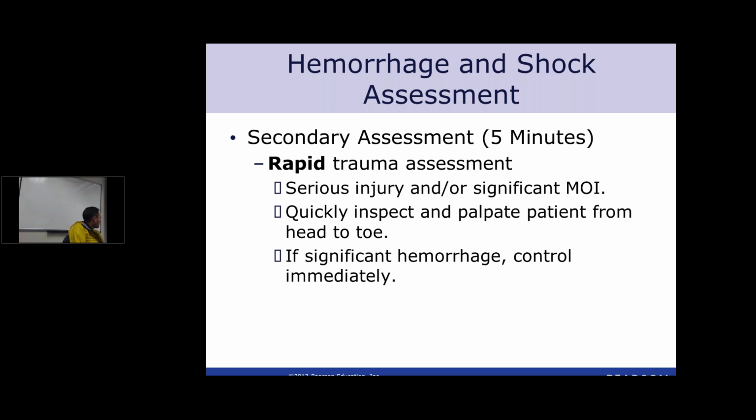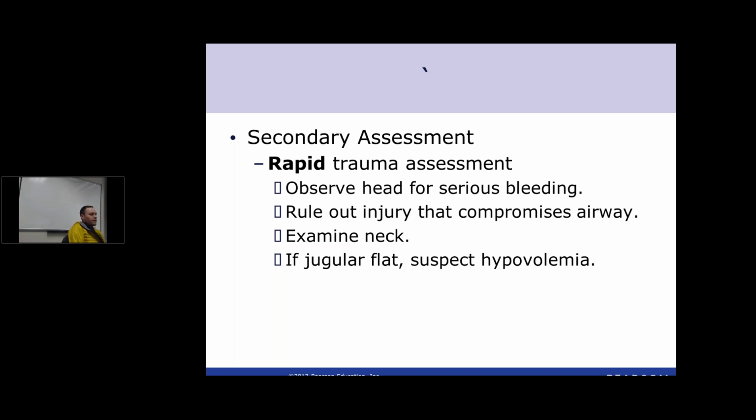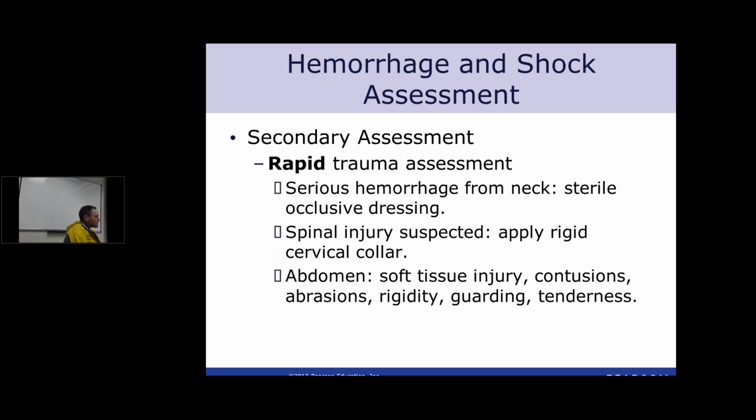What's your best way to control bleeding? Direct pressure. Fantastic. So as you're looking for a hemorrhage, you're going from head to toe. You rule out any injury that compromises the airway. You examine the neck, and you can look at the jugular veins. That is most of the time a very difficult physical exam finding because a lot of your patients are overweight, and so assessing their jugular vein is impossible.